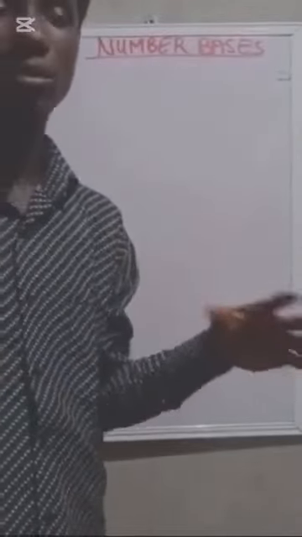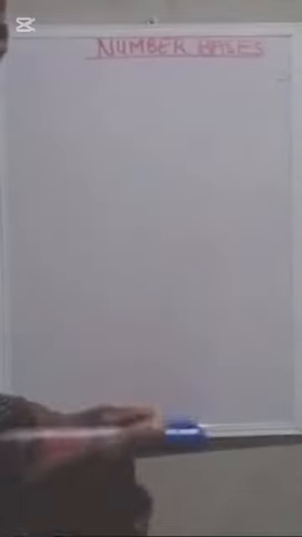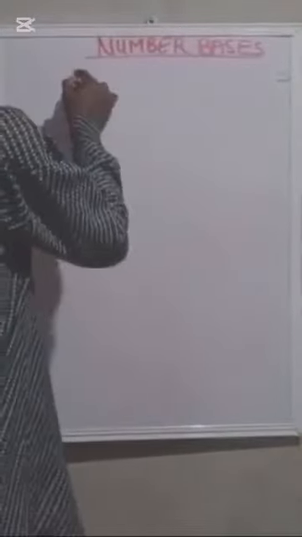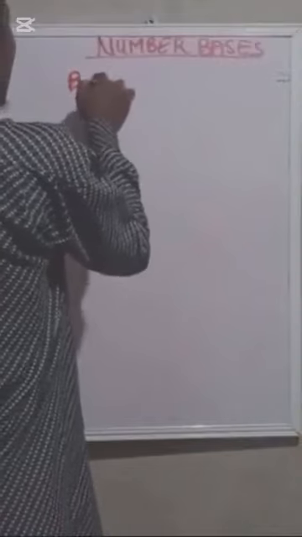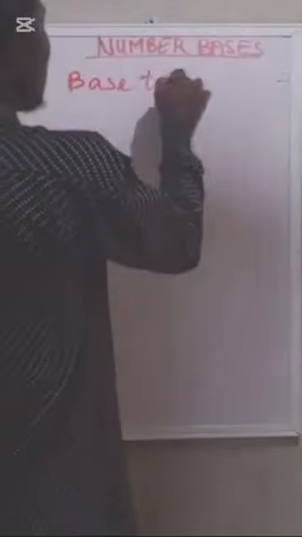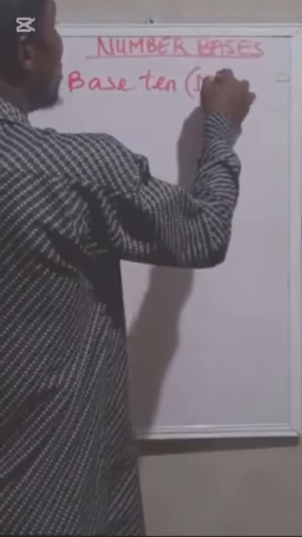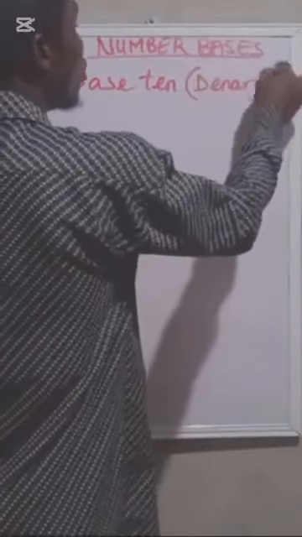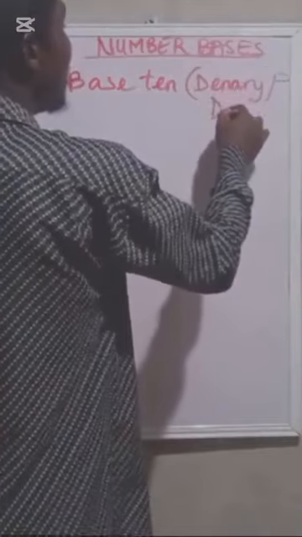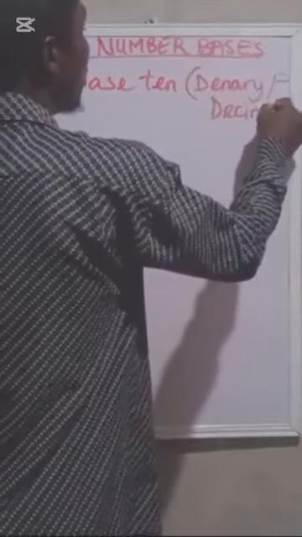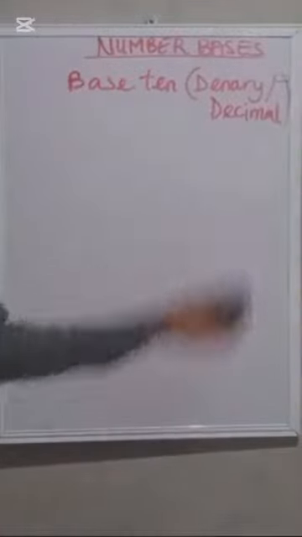That's just the meaning. The number is in base 10. Let me give you some notation. Anything in base 10 is still the same; some people call it denary, or some people call it decimal.